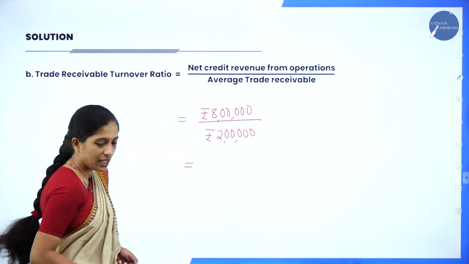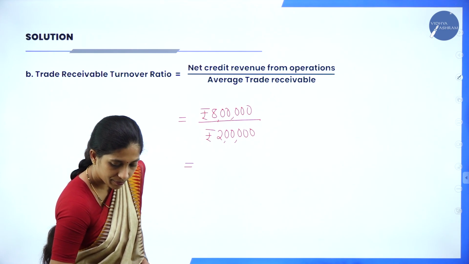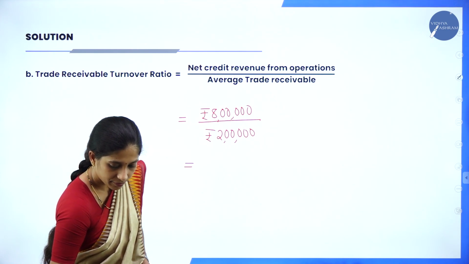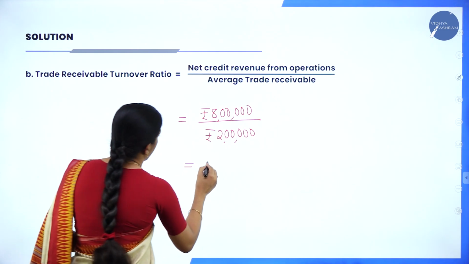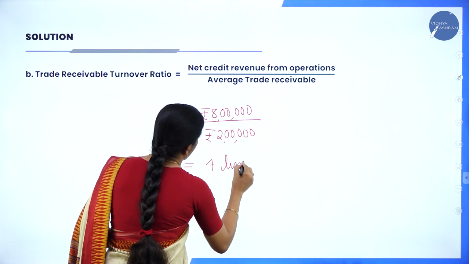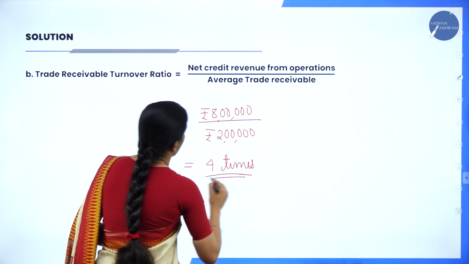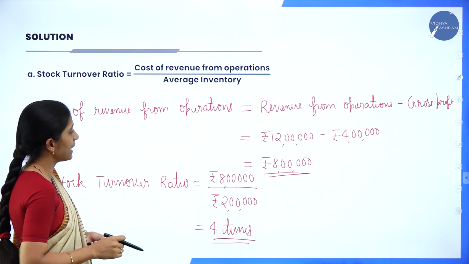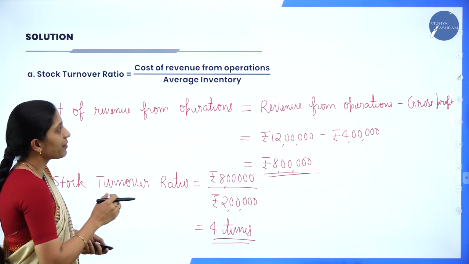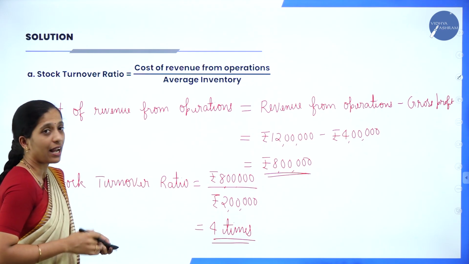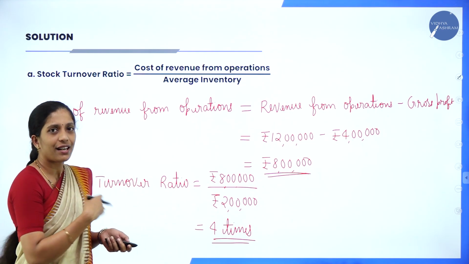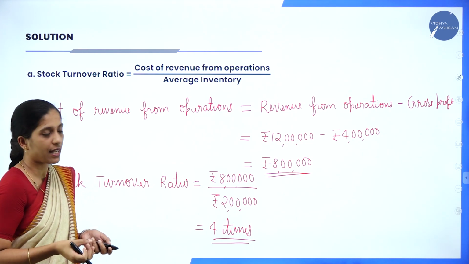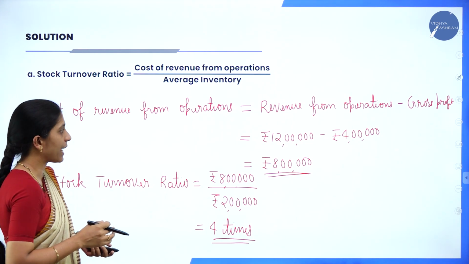So once again it is 4 times. Here also it is 8 lakh, 12 lakh minus 4 lakh, divided by average trade receivable. Average inventory as well as average trade receivable is the same, 2 lakh, so both are 4 times.